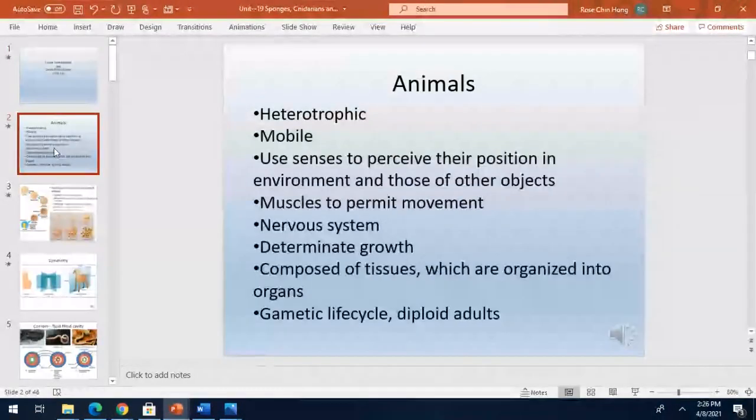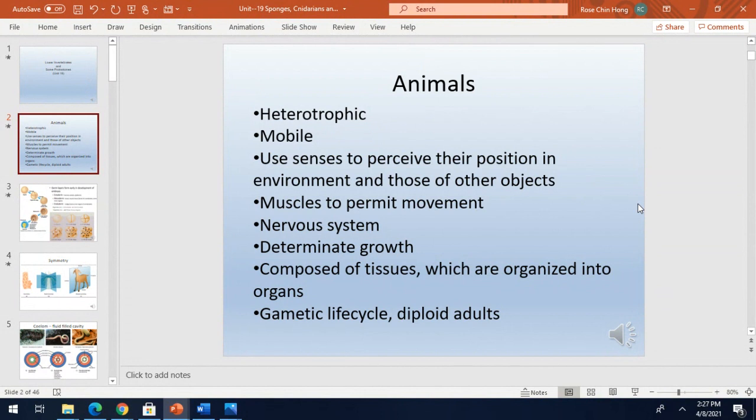So here, this is a condensed version of those pointers. So animals need to move around, so whether at one stage in their life they are mobile, but they're sessile as adults, at one stage of their life, they have mobility.